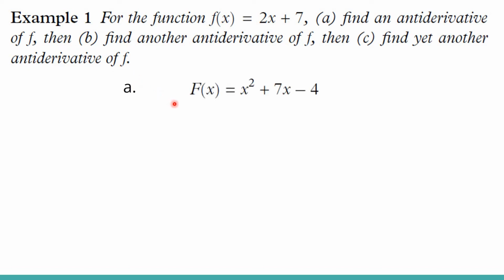So, what will be the answer? Big F of x equals x squared plus 7x minus 4.